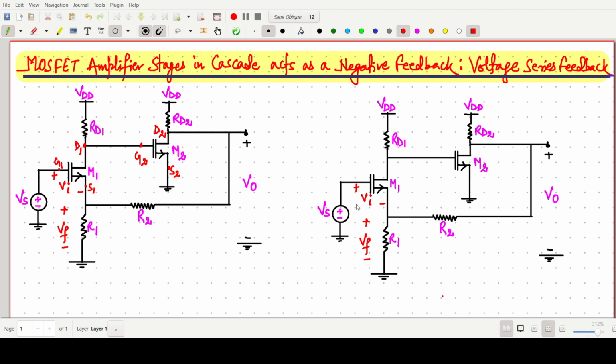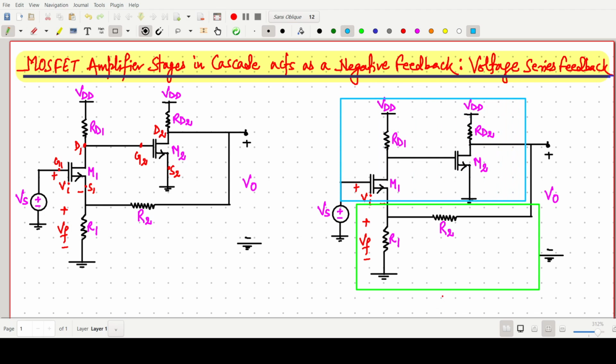There is a feedback network. This one is nothing but simply a feedback amplifier, and the above part is our amplifier having some gain A, and this one is our feedback network having some gain, that is our beta.